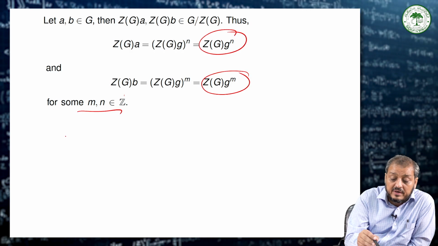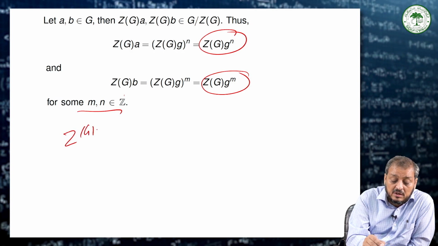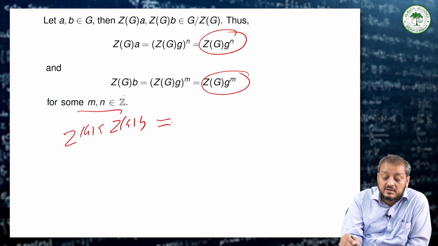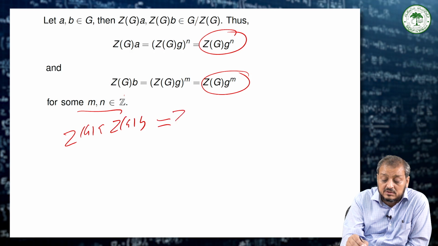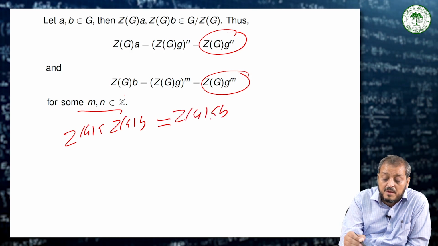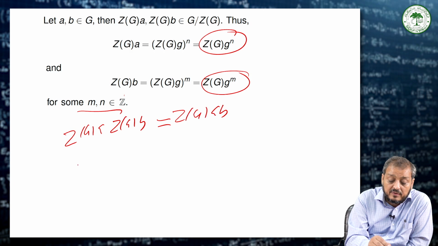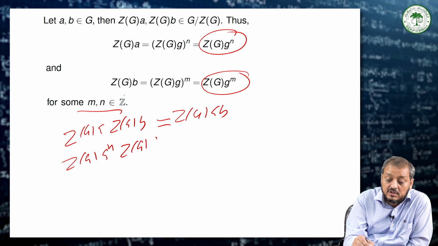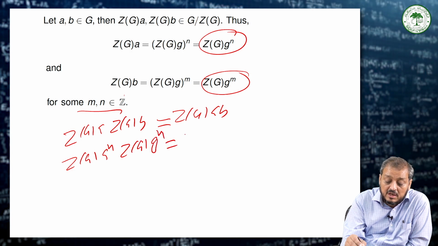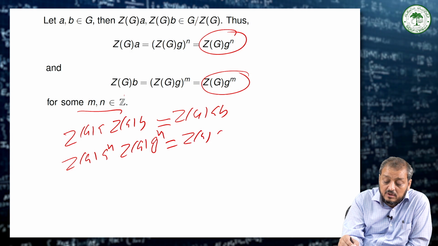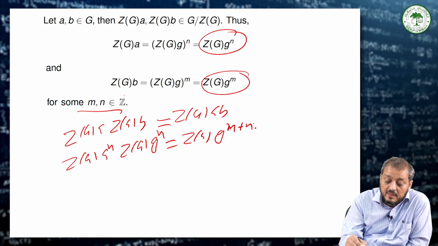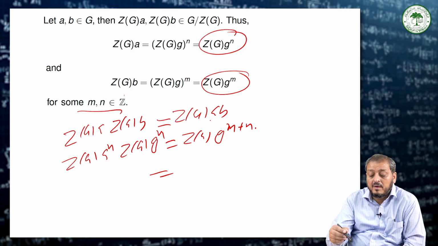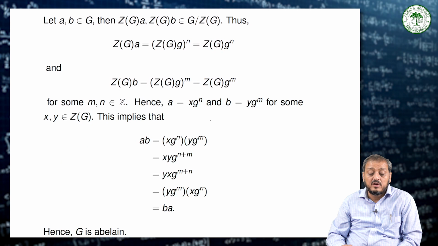Now we calculate Z(G)a times Z(G)b, which is nothing but Z(G)ab. This is the same as (Z(G)g)^n (Z(G)g)^m, which can be written as (Z(G)g)^(m+n), so we write it in the form m plus n.